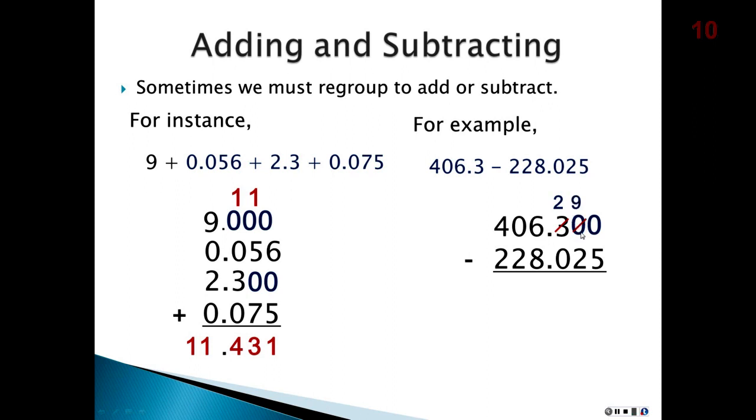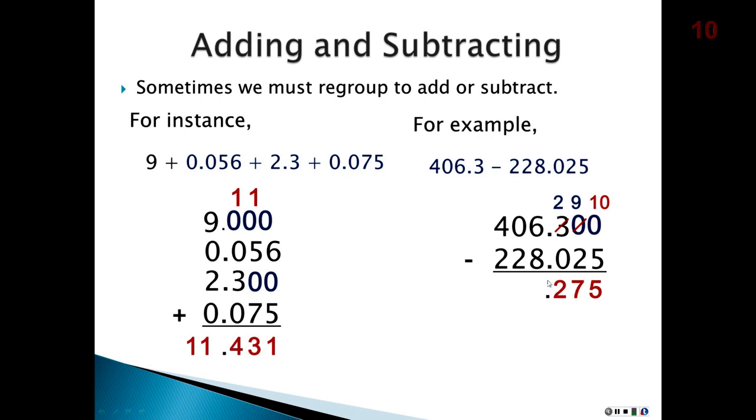It's going to be a 9. And now I have 10 here. Now I can borrow. 10 minus 5 is 5. 9 minus 2 is 7. 2 minus 0 is 2. I bring my decimal straight down.